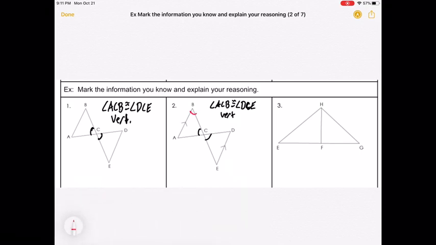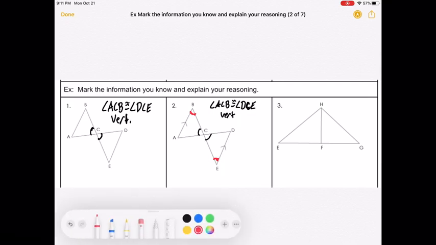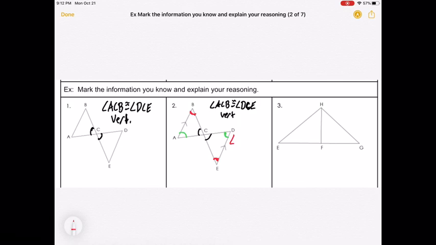And now B is on the opposite side of E, so those would be alternate interior, and the same thing for A and D. So don't typically write your angles like this, but for the sake of time, we're going to write them like this. So angle B is congruent to angle E, and those are alternate interior.